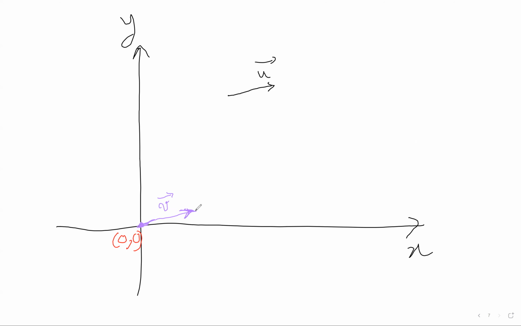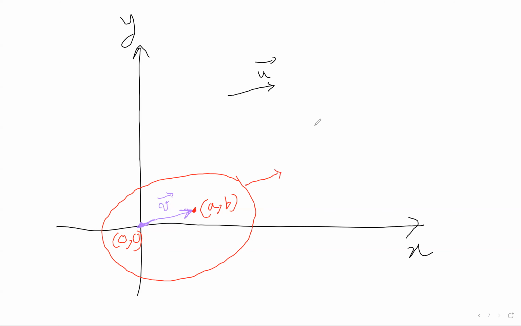And the terminal point, suppose it is point AB. So this vector V is equal to vector U. It initiates from the origin 0, 0, and it ends at point AB. One way to show this vector, we use a notation which is pretty standard.